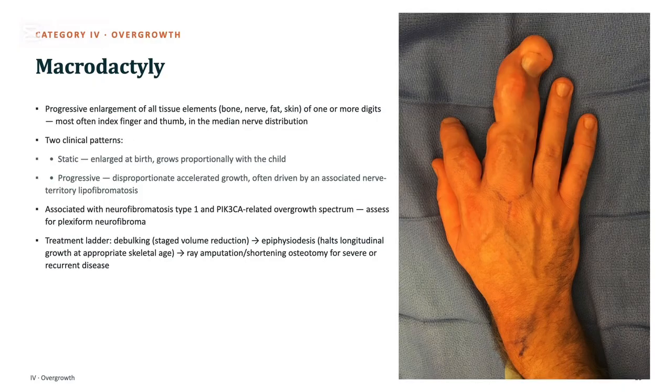The treatment is treatment of the deformity and functional restoration. The problem is that all layers or all tissue elements enlarge, so you need either to debulk all the layers or just to amputate the finger.